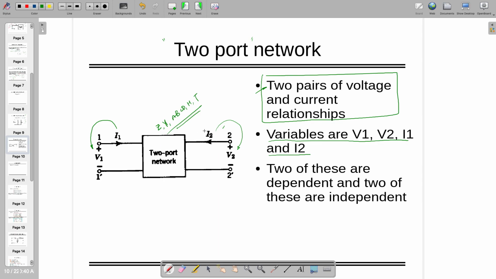Multiplying by current or voltage will give you the relationship. If it is an impedance function, written in terms of Z, then V can be written in terms of Z and I1 and I2, right? So V1 and V2 are dependent here, and I1 and I2 are independent. The other way around you can also say, but if I want to write in terms of impedance, then that will be the case.